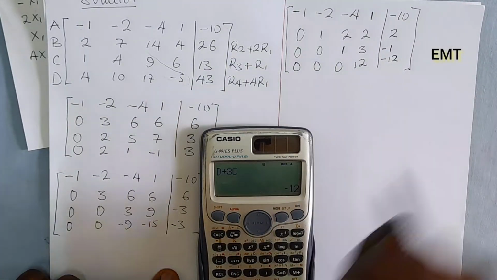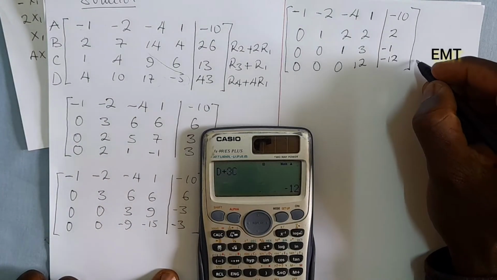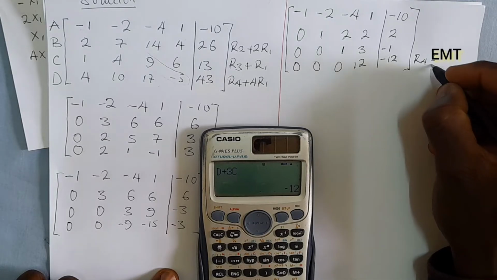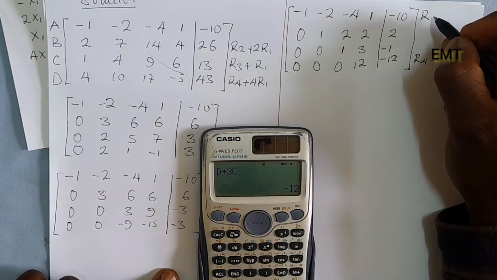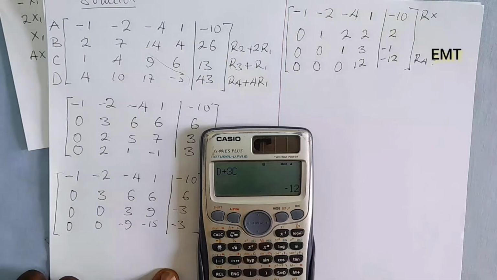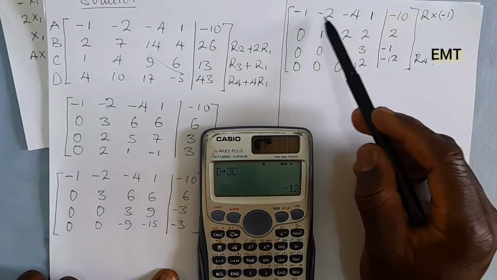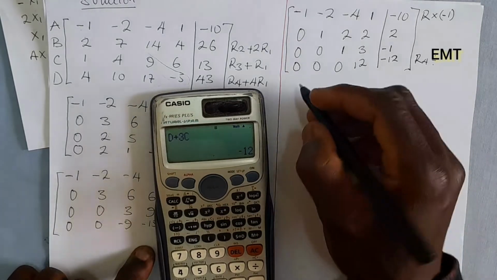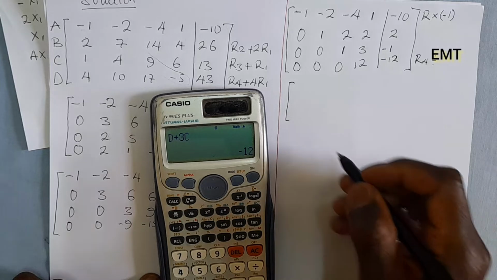But for us to have 1 here, we have to divide row 4 with 12. Let's also multiply this with -1 so that we change this into positive. That we do not actually need a calculator, as it is simple to calculate.